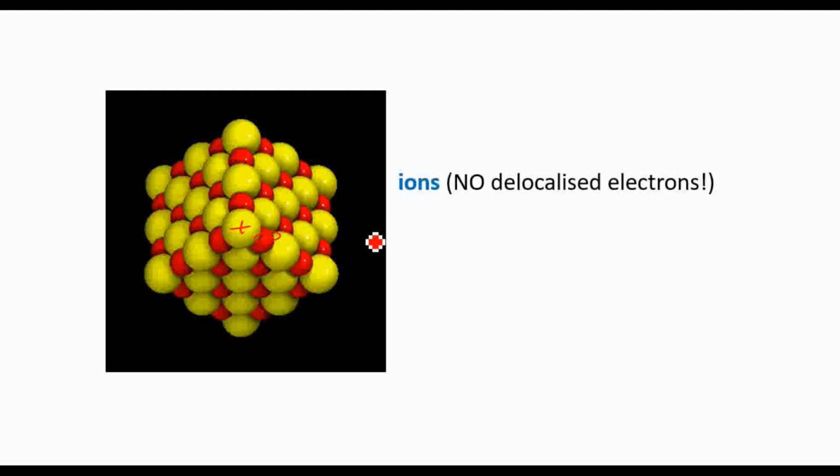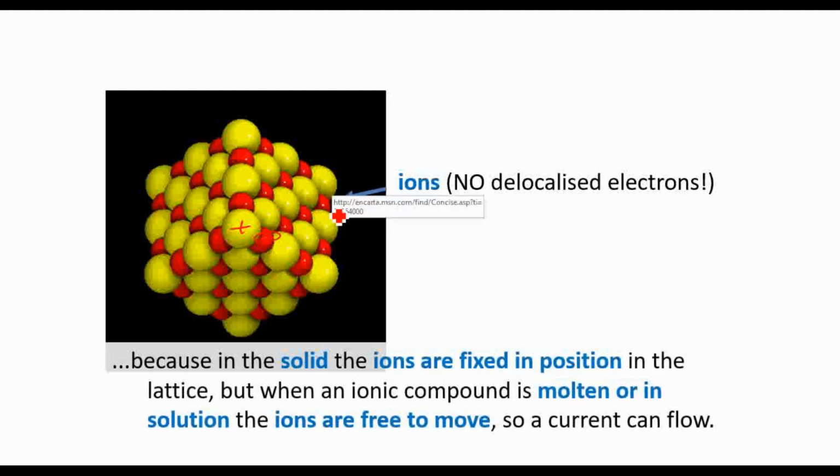Now it's very important that you understand that in your ionic lattice structure you don't talk about delocalized electrons. You must be using the word ions. Now when it's a solid, these ions are in a fixed position, and therefore the ionic compound cannot conduct electricity because the ions are not free to move. This is a commonly asked question.